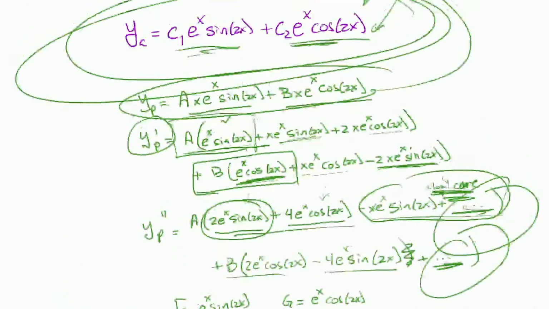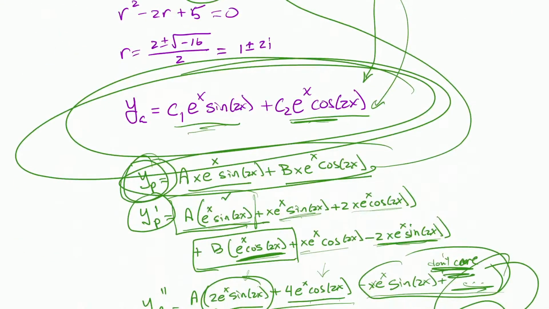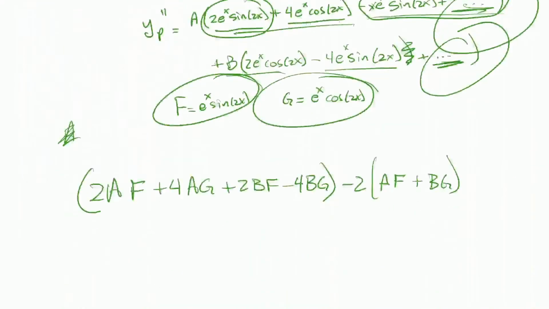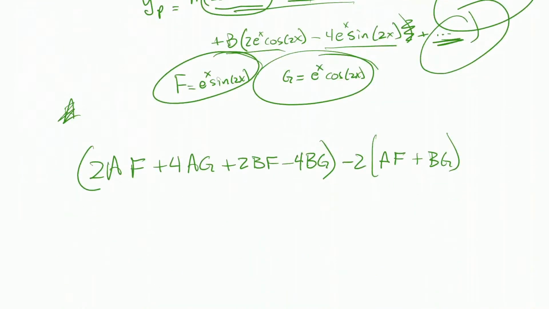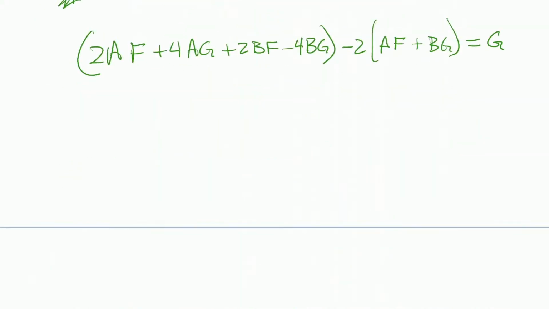And then finally, 5 times the actual function. Notice that there are none of these in the actual function. So this is all I care about, and I want all of that to equal, oh, there it is, G. That equals G.